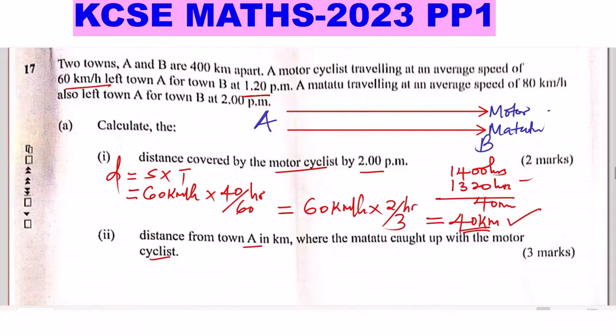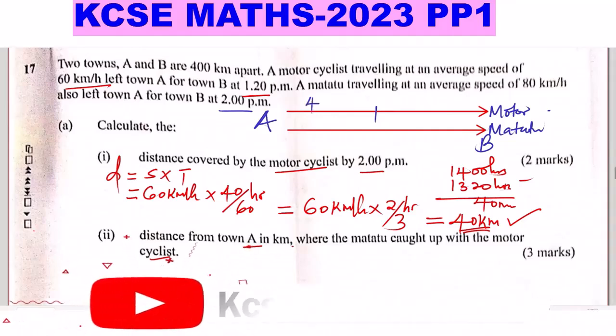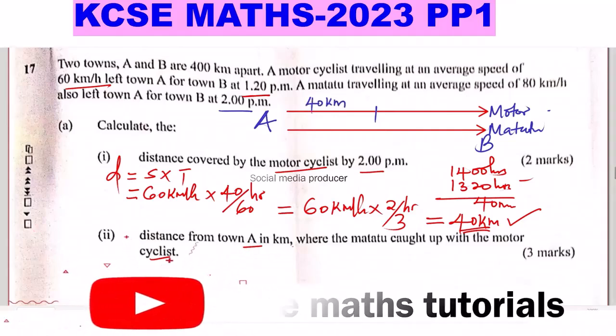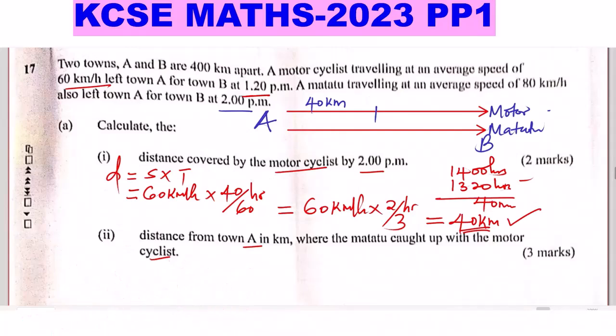By the time the matatu was beginning the journey, because it left A for B at 2 p.m., the motorcyclist had already covered a distance because the motorcyclist had begun the journey at 1:20 p.m., and we have noted that distance is 40 kilometers. So the distance between the two by 2 p.m., when the matatu was beginning the journey, is 40 kilometers.